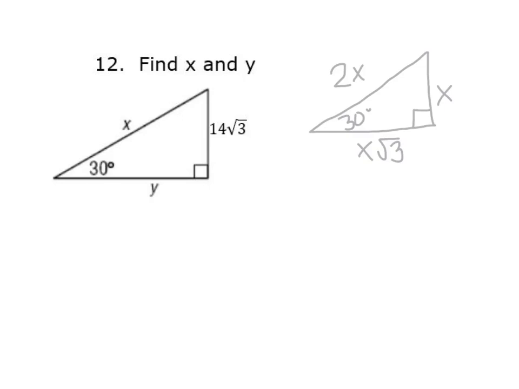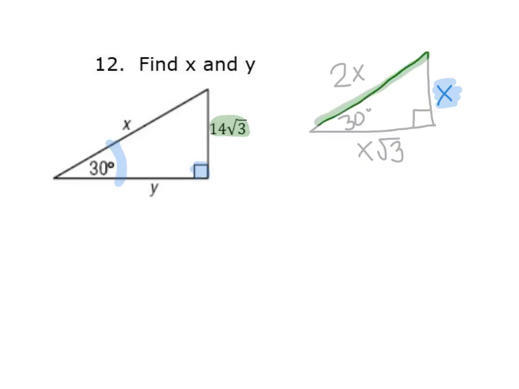On question 12, we're asked to identify the value of x and y. In looking at the picture provided, we see that we have a 30-degree angle and a 90-degree angle, which means it's a special right triangle. The side opposite the 30-degree angle is represented by our value x. To find the hypotenuse, we're going to take this value and multiply by 2, because that's what the formula tells us.